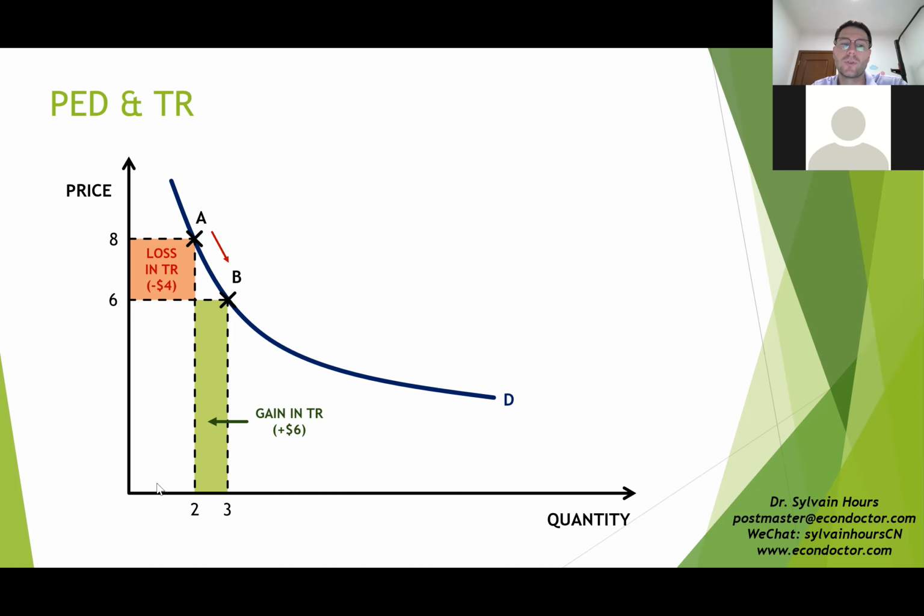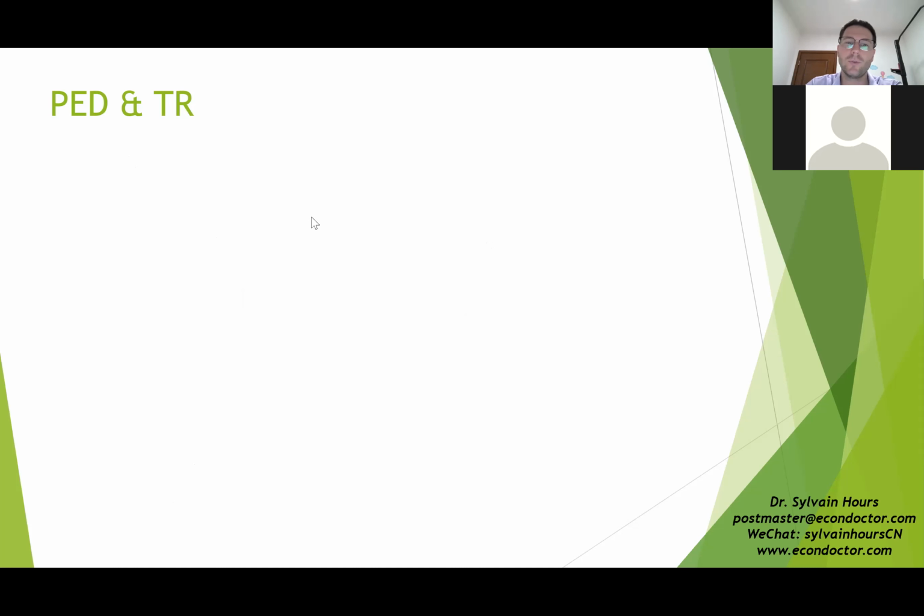So you used to sell the 2 first units at $8, and now you only sell them at $6. So you lose $2 on the first unit, and you lose $2 on the second unit. So overall, you lose $4. So you lose $4, you gain $6 overall. Your total revenue increases by $2. Okay, that's an increase.